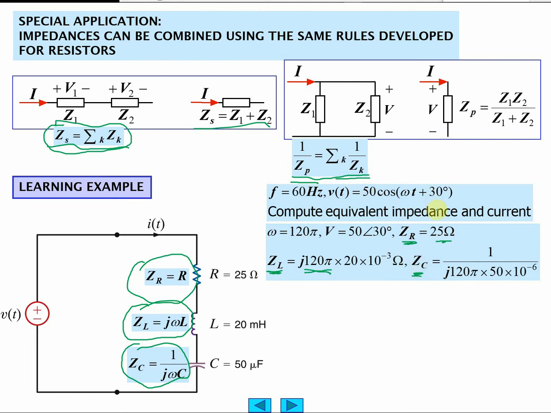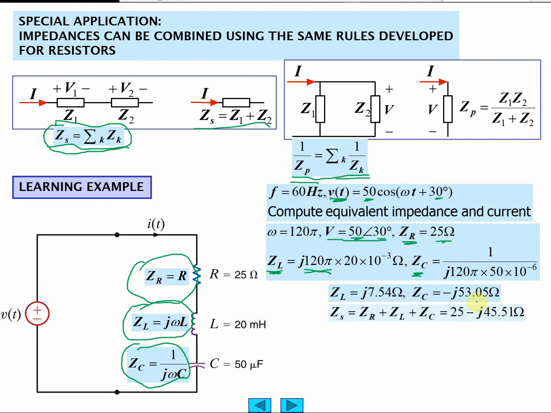Phase angle. V in its phasor representation, the magnitude and the phase angle. Magnitude, phase angle. Okay, putting it all together, we crunch the numbers, add the impedances together, so that this becomes the impedance.